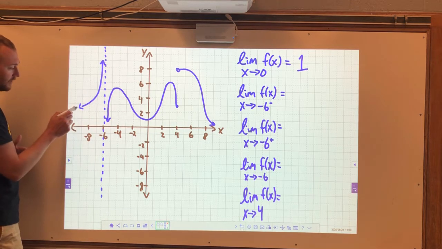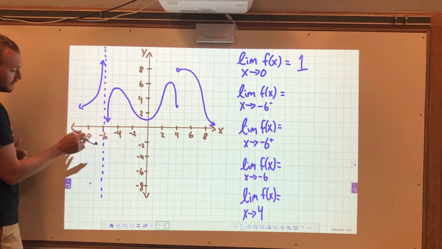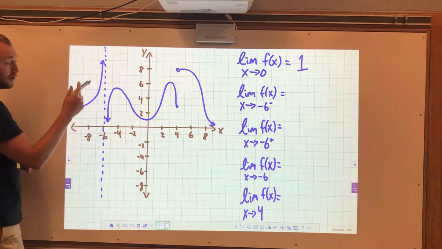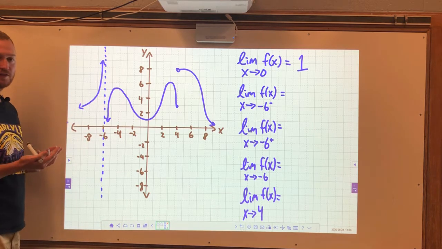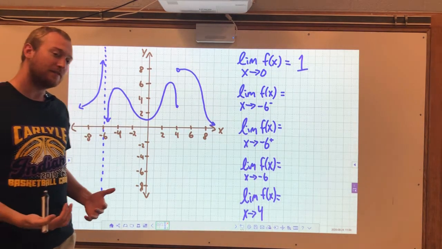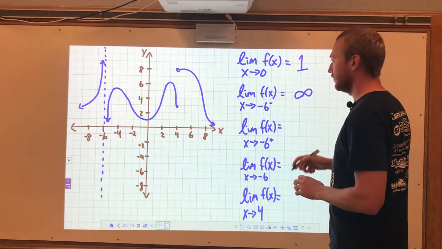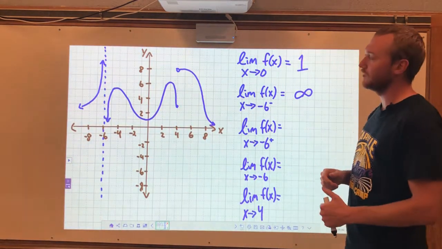And notice what's happening as we're getting closer and closer to -6. This function is starting to increase pretty rapidly, and as we're getting closer and closer and closer to -6, it's blowing up to positive infinity. It's just going to keep on increasing up to positive infinity.